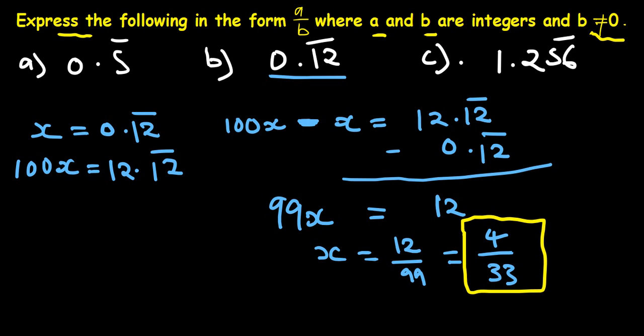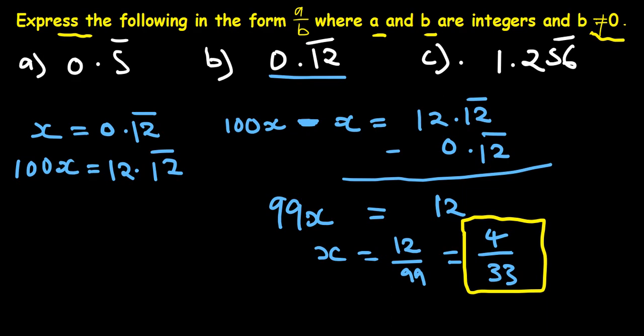Why is it 100 minus x when this dash is on 2 digits? Why is it 10 minus x instead of 100 minus 10, since the dash is on 2 digits?